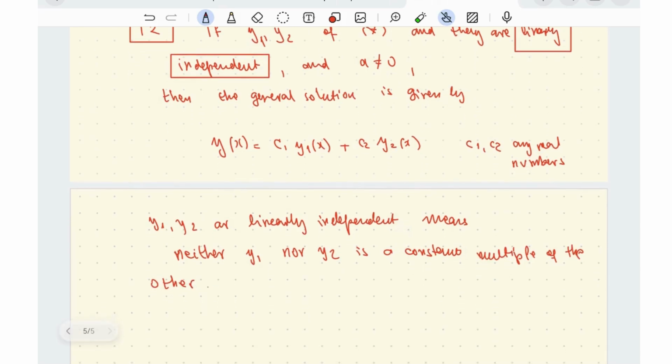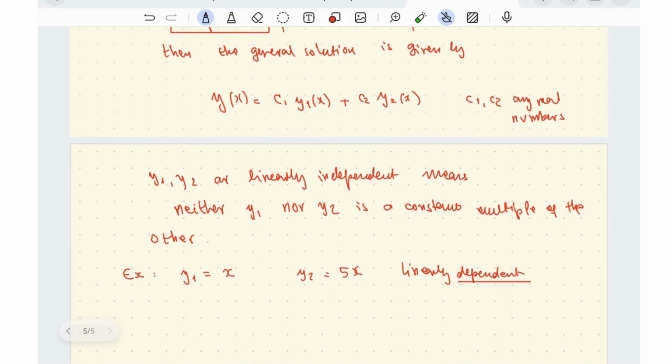So for example, if we have y1 equals x, y2 equals 5x, these are linearly dependent. Not independent, dependent. Why? Because y2 equals 5 times y1. You can see that.